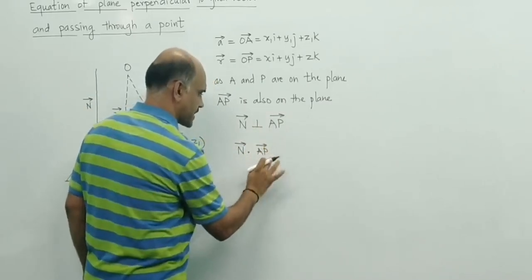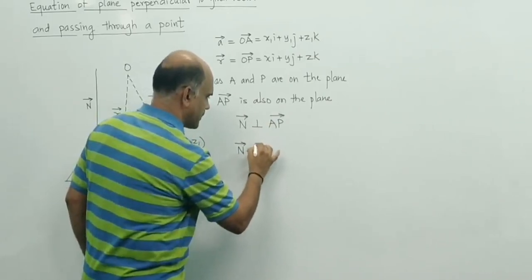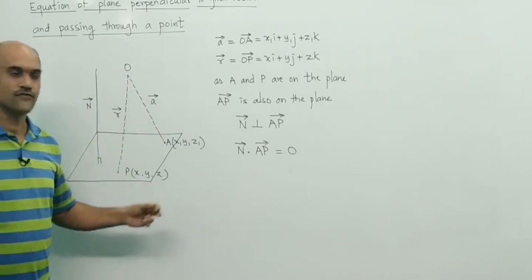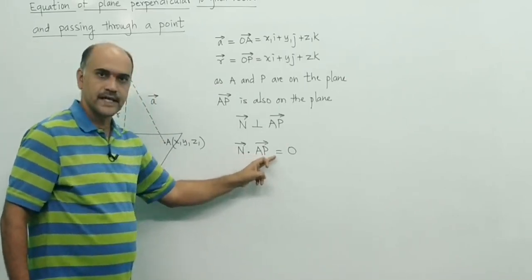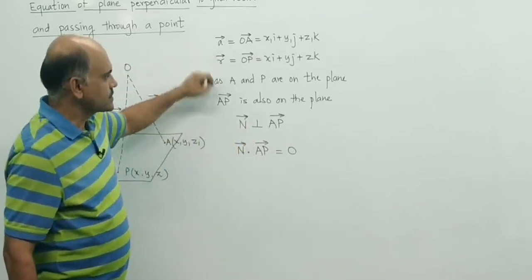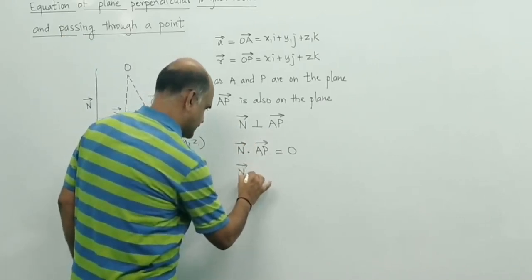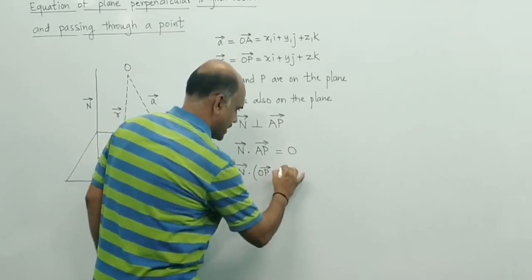I will remove this bracket. So n dot AP is equal to 0. Condition for two vectors to be perpendicular is n dot AP is equal to 0. Again in terms of position vectors, AP I can write as OP minus OA.